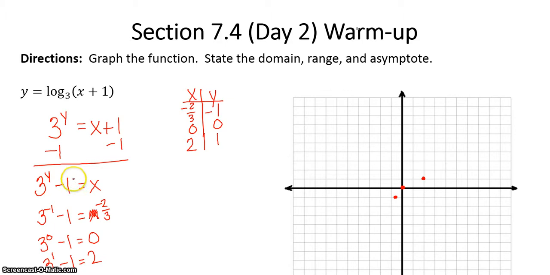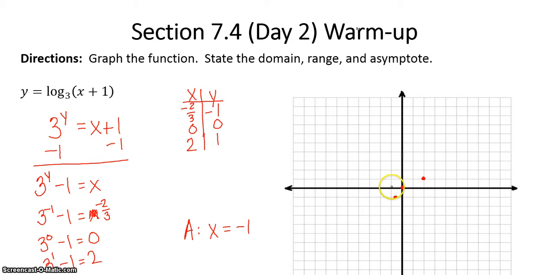Remember when we did exponential functions, whatever came after the exponent stuff is going to be your asymptote. Only instead of being y equals, it'll be x equals, because x is over here by itself. So my asymptote is going to be the vertical line x equals -1. So make sure you graph that on here as a dashed line.